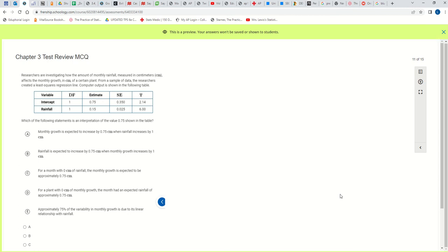So it's not going to have anything to do with the increasing by 1 unit business that A and B say. Those are out. Y-intercept is basically when you plug in 0 for X, it's your predicted amount for Y. So it's gotta be C or D. You just have to stop and think about explanatory versus response.